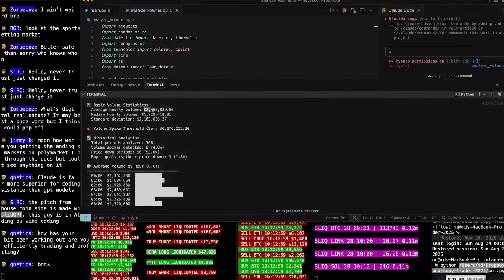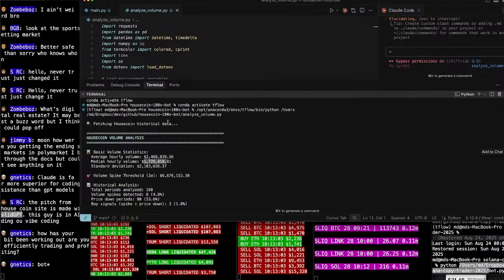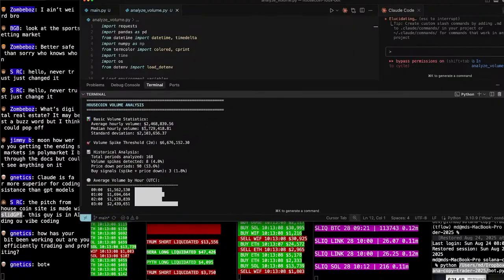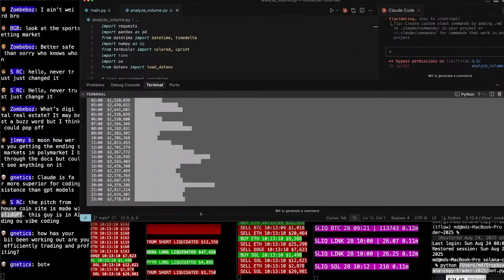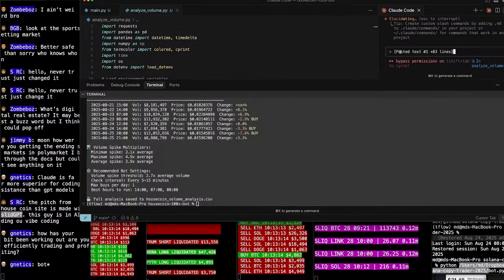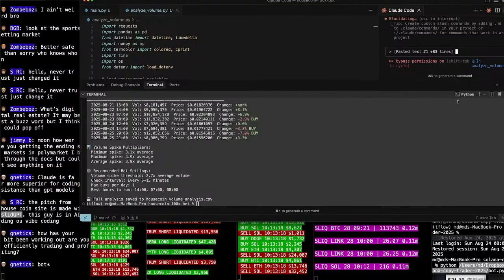Average hourly volume is 2.4 million. Median hourly volume? Nah, this ain't right. There's no way. All right, let's go ahead and debug this. I'm looking at the Analyze Volume tab, and we need to debug this quite a bit.